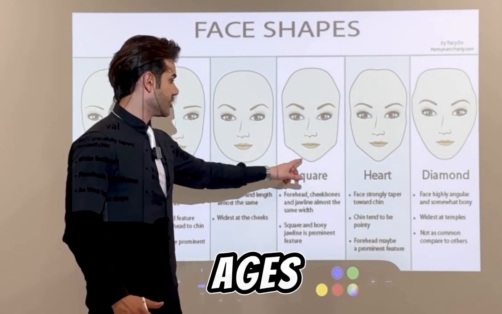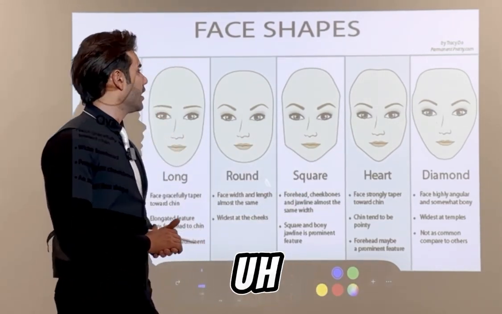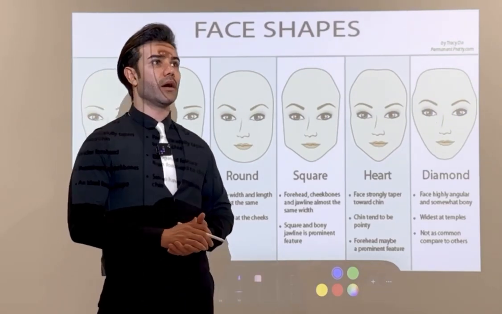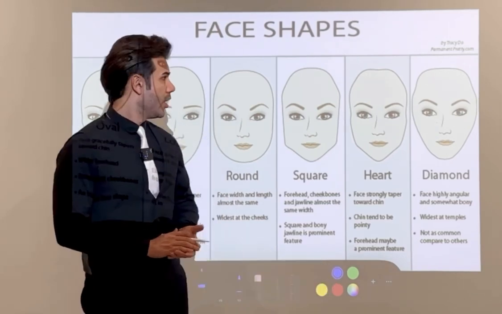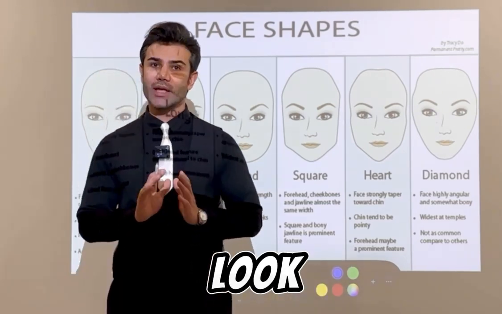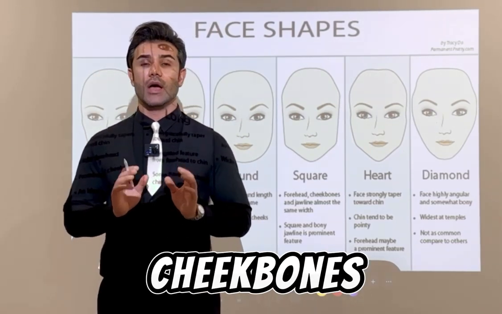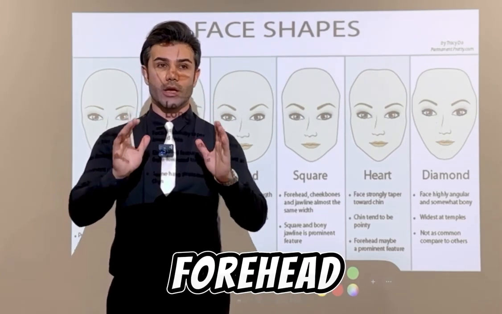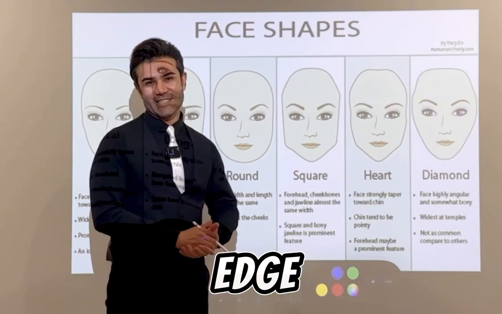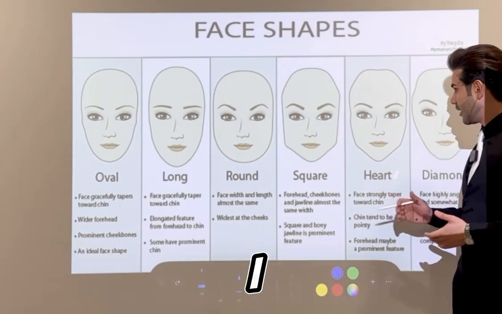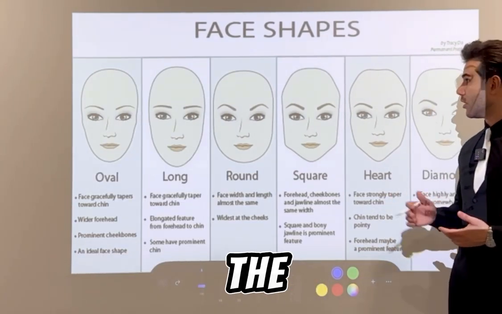You can see the edges. And it's going to be measured like a round face if you want to use that formula. But you have to remember, when you look at this face, the cheekbones, jaw lines and the forehead have obvious edges.